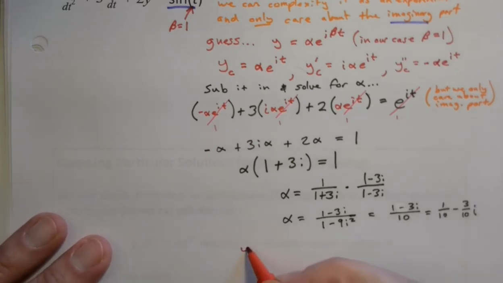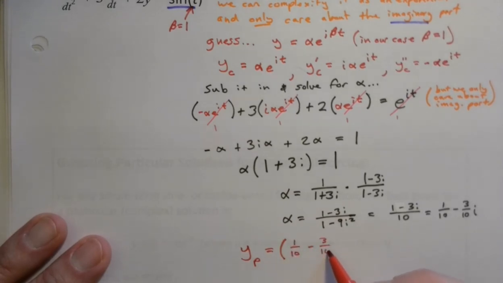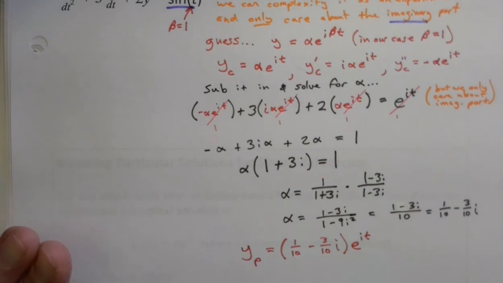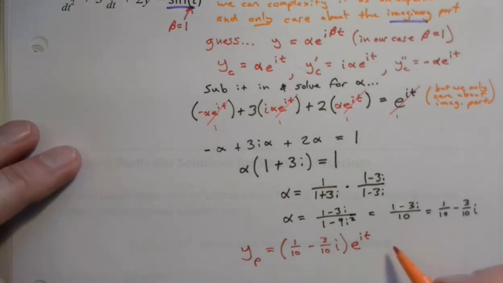So that means our particular solution would be this constant times e to the it, right? Taken directly from our initial guess up here. But just like our note says up here, which part of this do we really care about? Well, we only really care about the imaginary part.